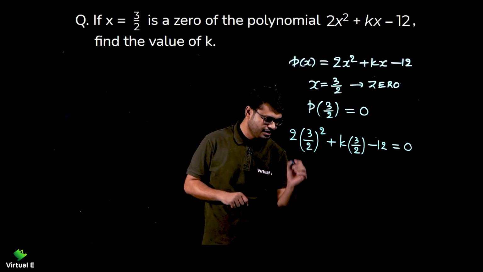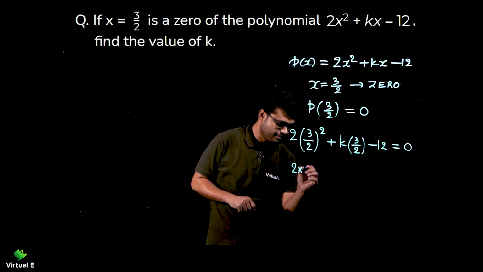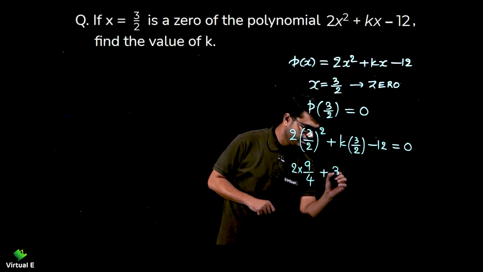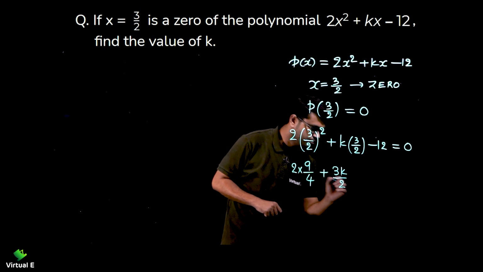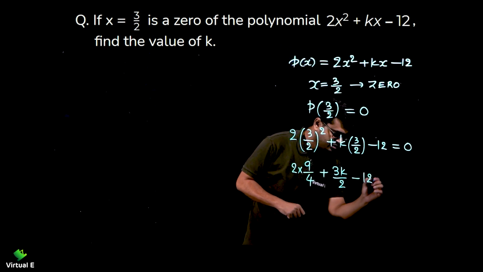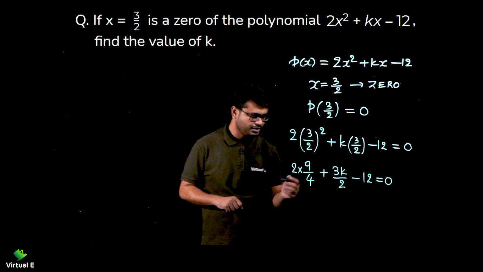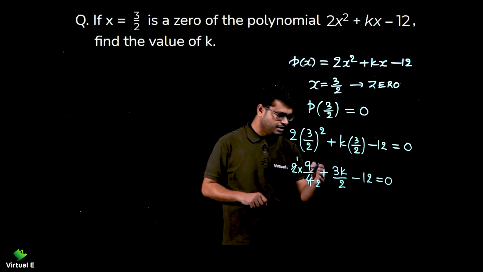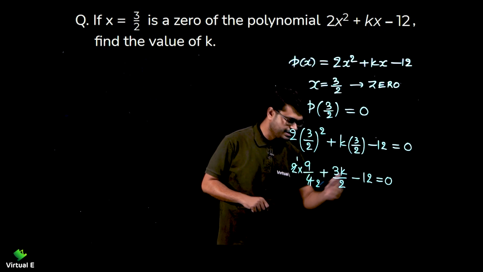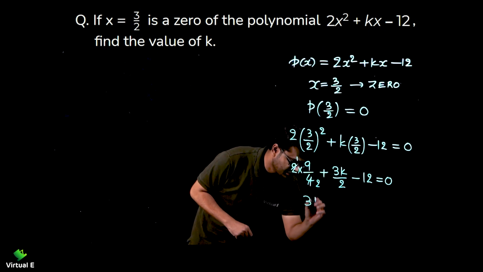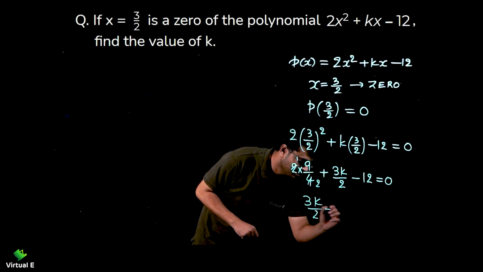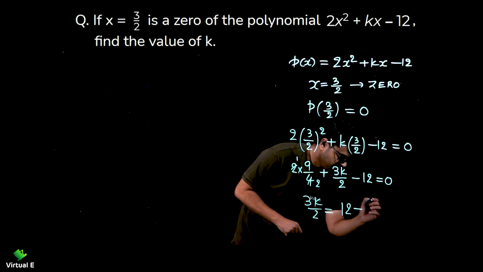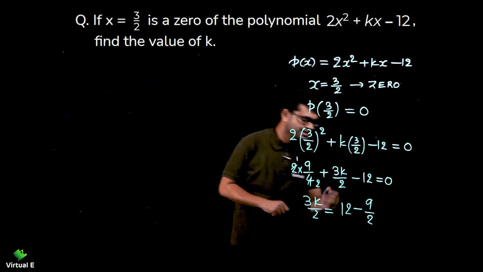So here 2 multiplied by 9 over 4, plus 3k by 2, minus 12 is equal to 0. Here 2 ones are 2, 2 twos are 4, right? So let's shift 9 by 2 and 12 over that side. So 3k by 2 is equal to 12 will become positive and 9 by 2 will become negative. Now let's take the LCM.